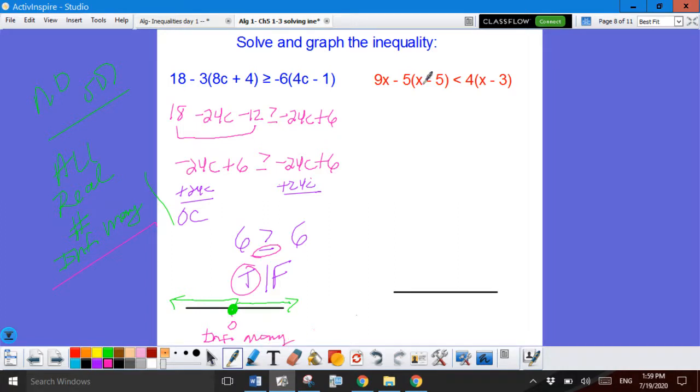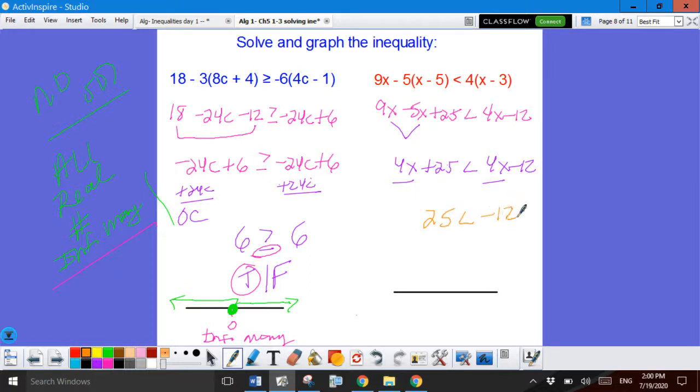All right, now let's look at this one. So 9x minus 5x plus 25 greater than 4x minus 12. And simplifying again, 4x plus 25 greater than 4x minus 12. Notice how you have these 4x's. So if I take away the 4x's, I'm going to be left with 25 greater than negative 12.